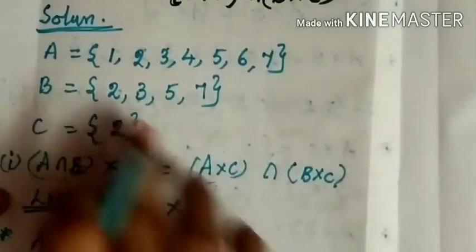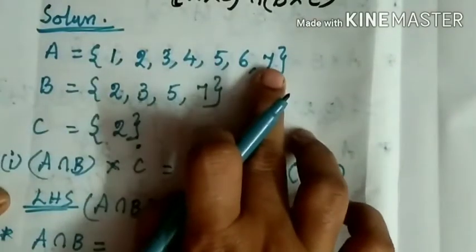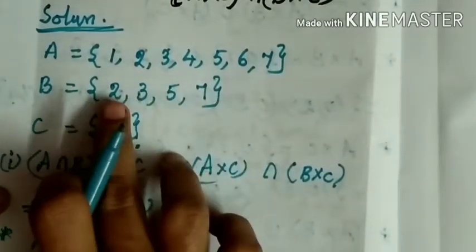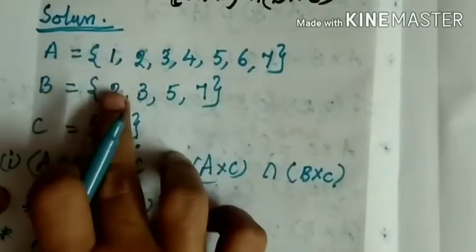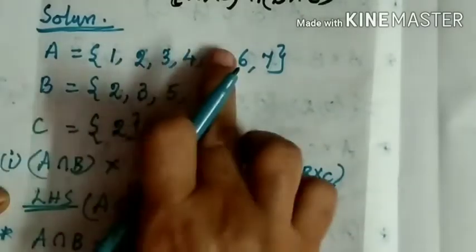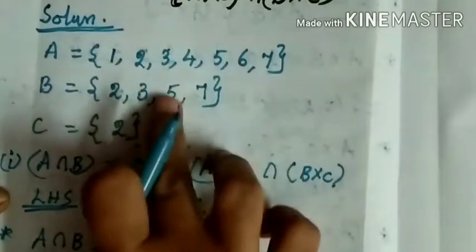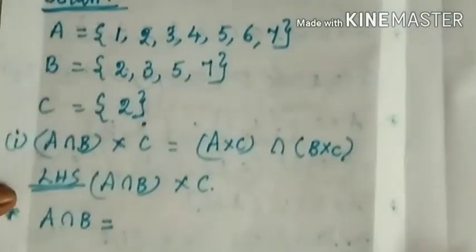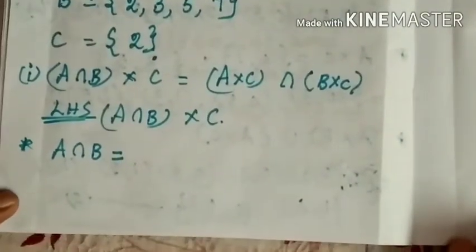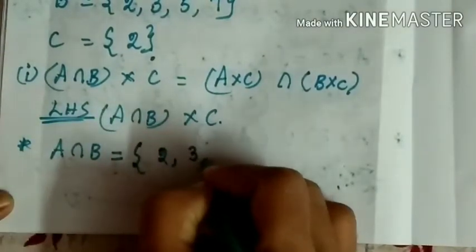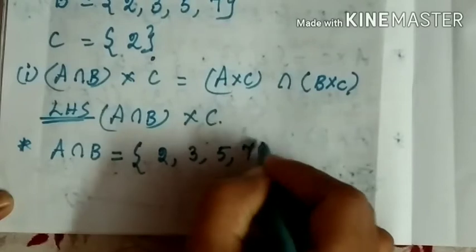See here set A {1, 2, 3, 4, 5, 6, 7}, set B {2, 3, 5, 7}. So which are the common elements? 2, 3, 5 and 7. Okay, these are the common elements. So A intersect B is {2, 3, 5, 7}.